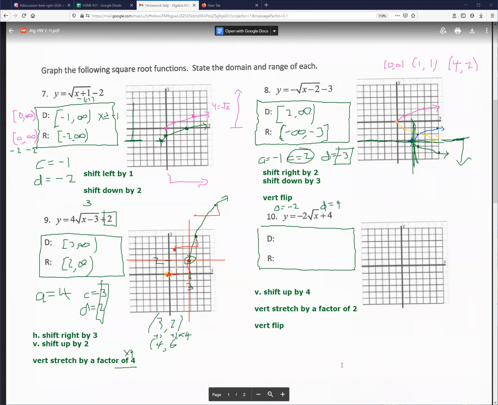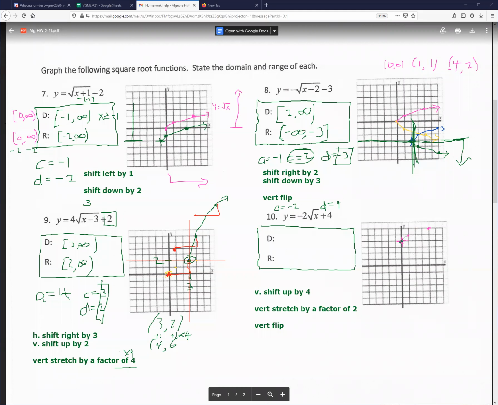All right, so let's break this apart, shall we? We're going to shift everything up by 4, so we're going to start from this spot right here. This is like our 0, 0 and our 1, 1 and our 4, 2. But we need to move these. Instead of up, we're going to go down, and we're going to go down twice as far.